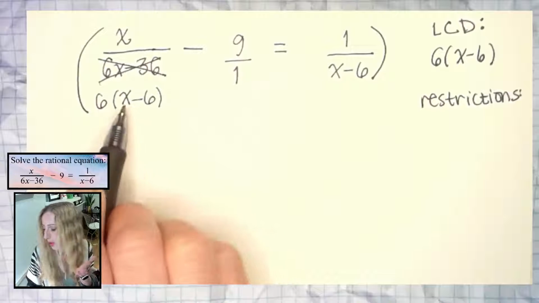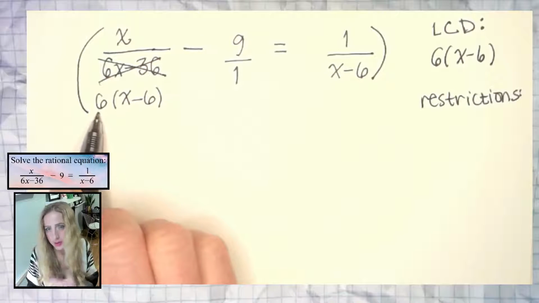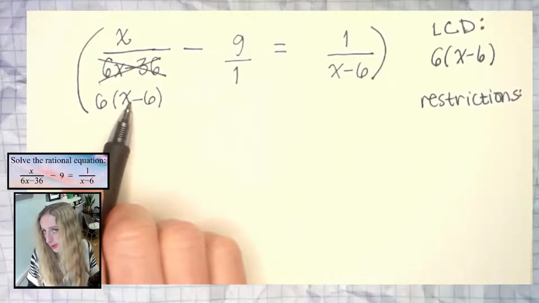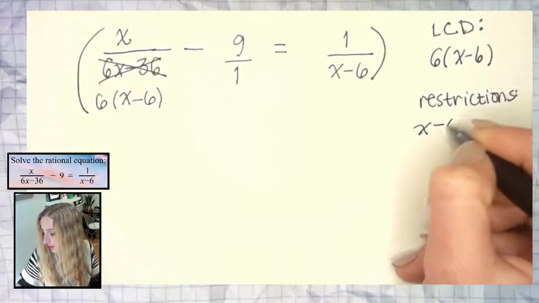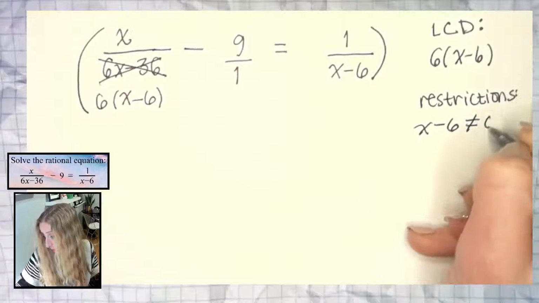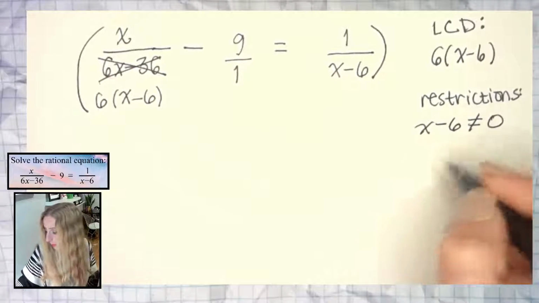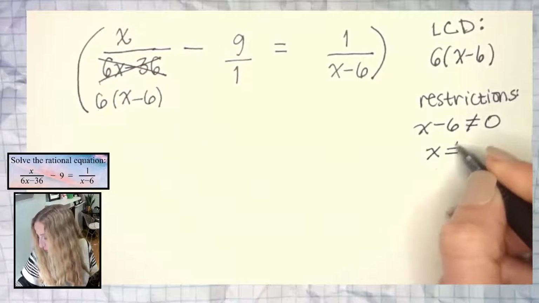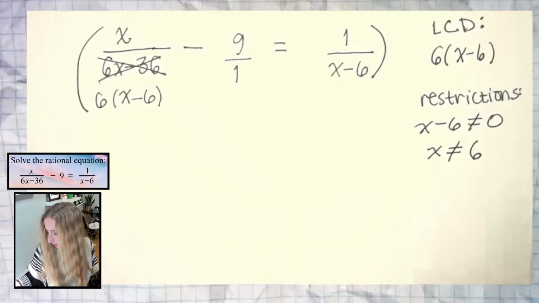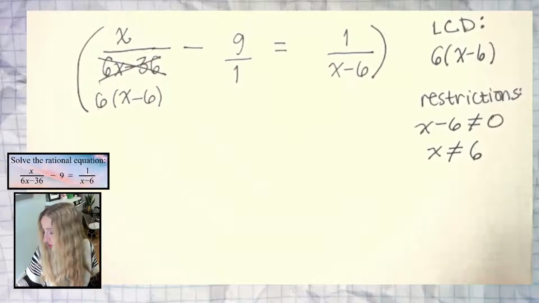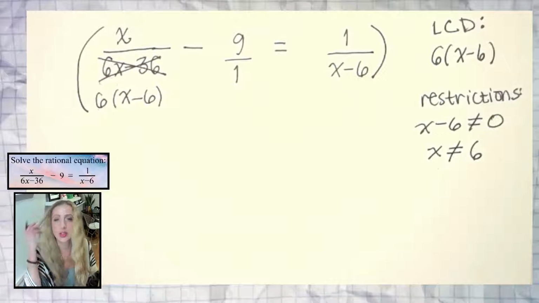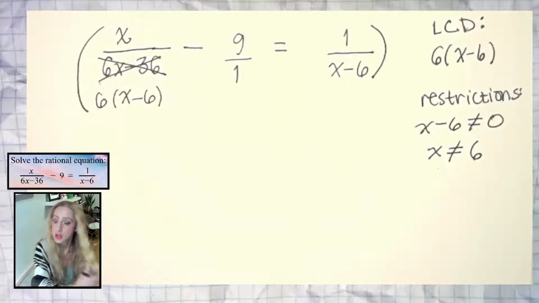No, of course not. We need to concern ourselves not with constants, but with variables. So here, x minus 6. Well, x minus 6 is not allowed to equal 0, and it's possible it can because x is a variable. I don't know what x is going to be. That means I need to avoid, like the plague, x being equal to 6. So that is my restriction. If that comes up as my answer at the end, it will be an extraneous solution.